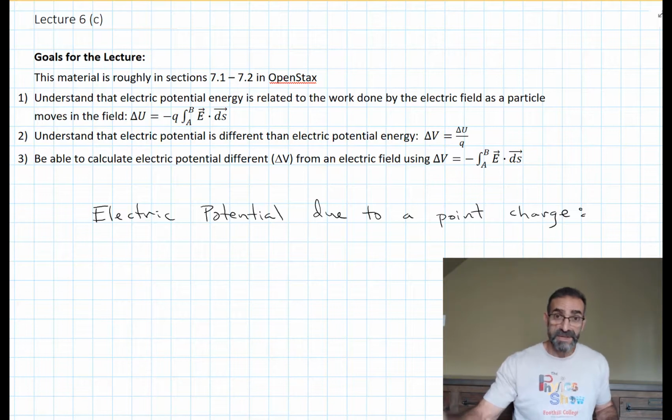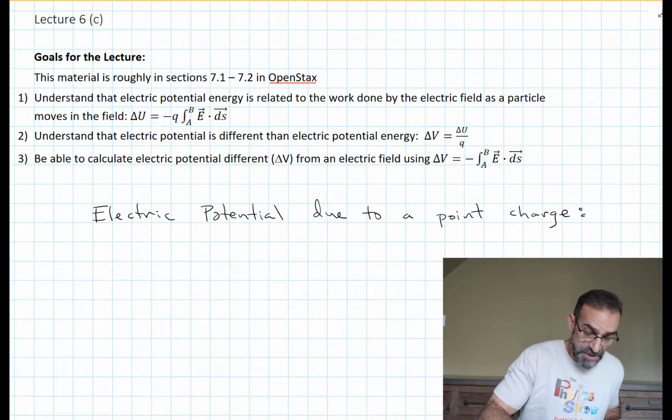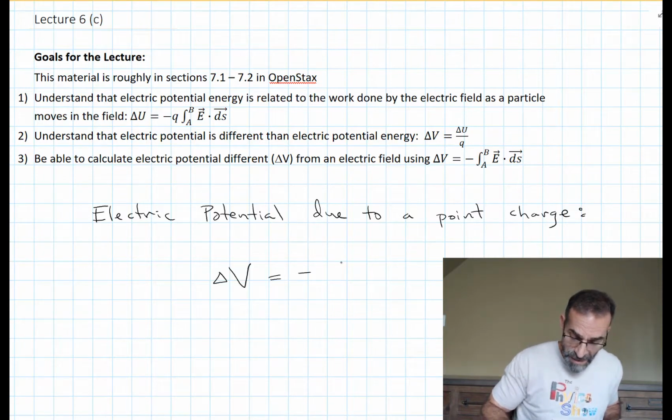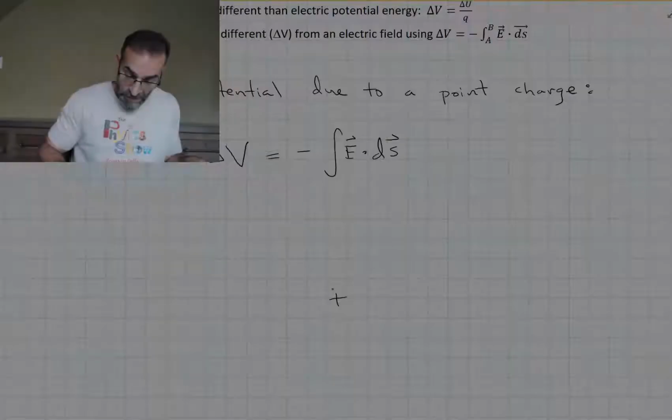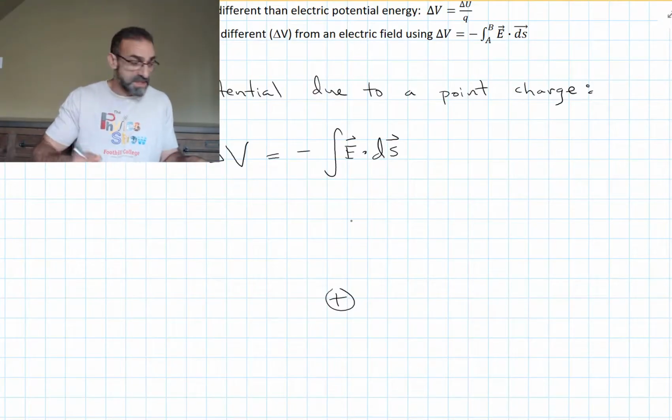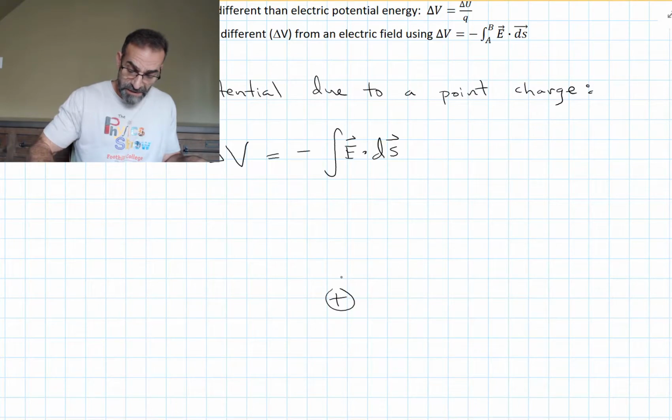We're going to start with the equation we ended up with last time. The change in potential is negative the integral of E dot ds. And I'll say it again, we use this equation a lot, finding electric potential. A point charge fills the space around it with an electric field.